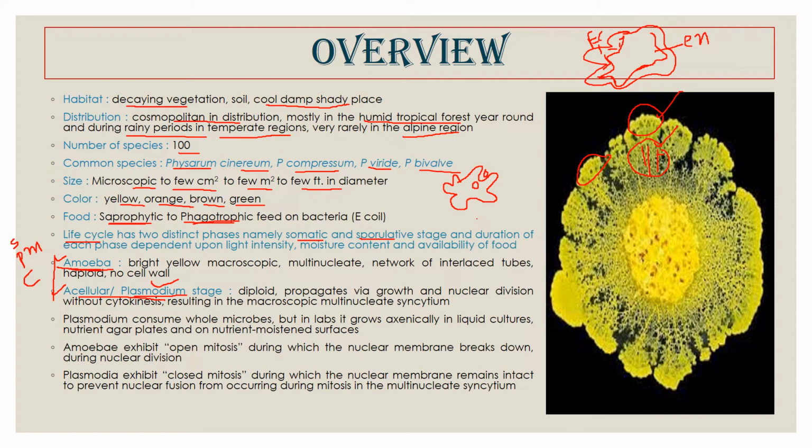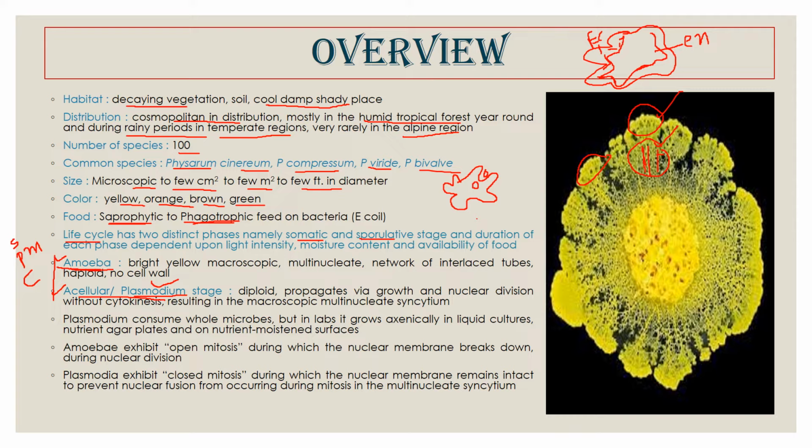So this region is granular. The anterior fan-shaped structure is granular. Not much streaming is observed there, but the posterior region has much streaming. Why am I discussing the streaming, the cyclosis? Because due to the streaming, information is sent as well as transport of food occurs.